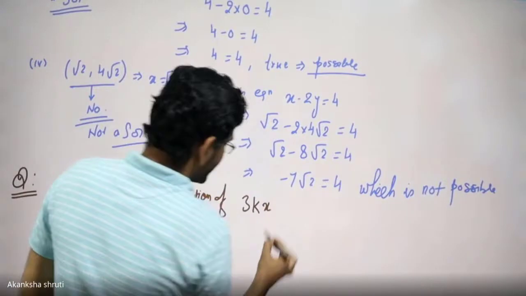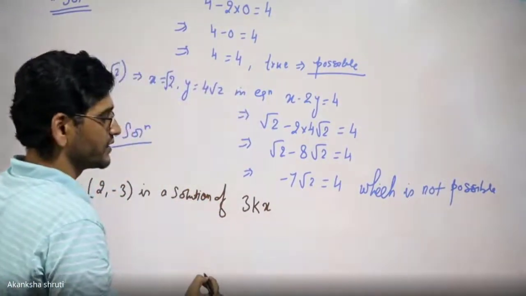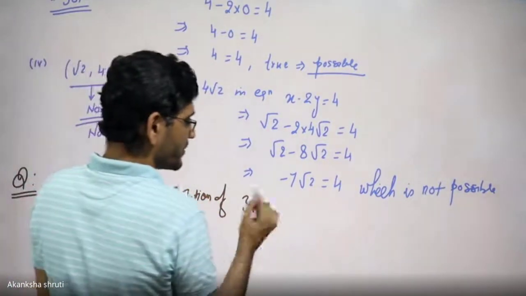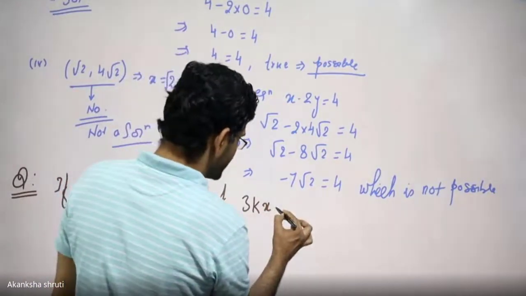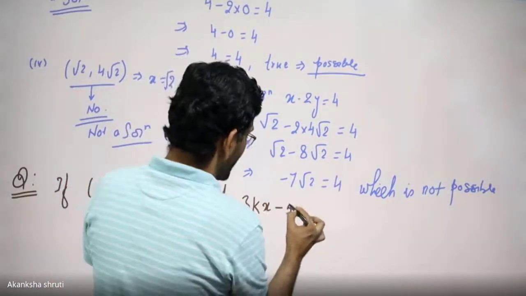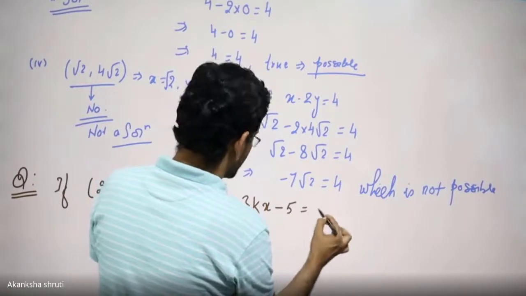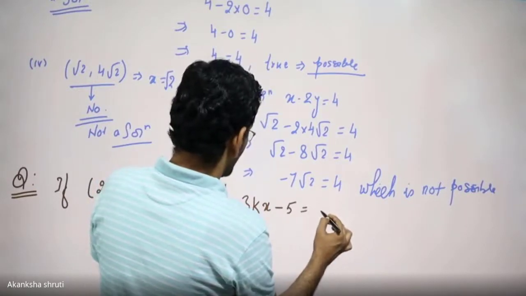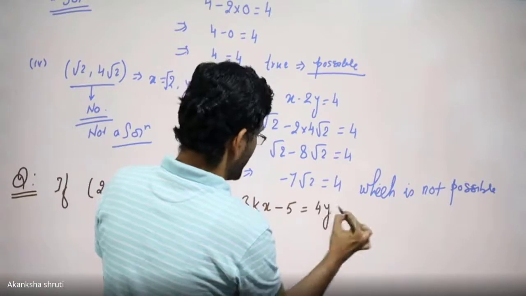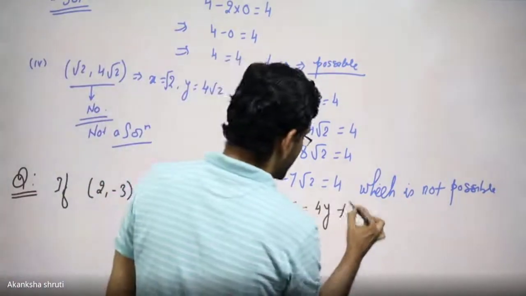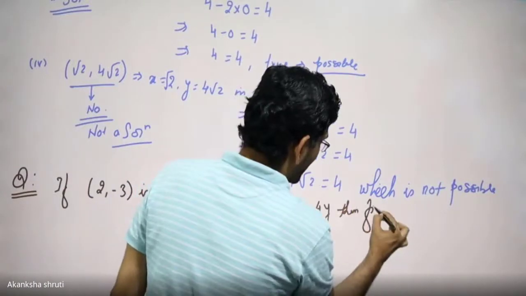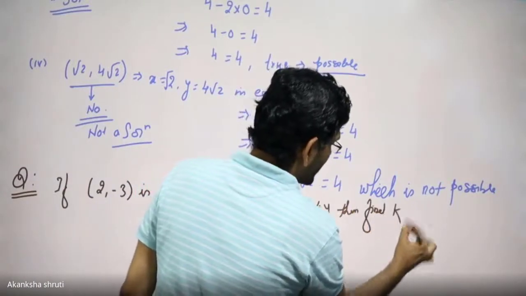So keep in mind here k is not the variable, but it is some unknown constant that is to be calculated. It is given this is a solution of this equation, then find the value of k.